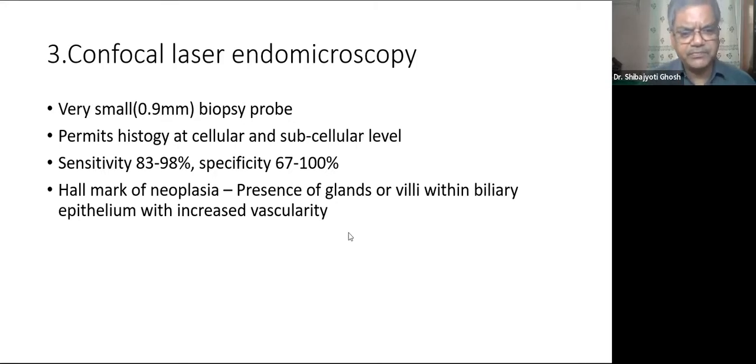However, the presence of vascularity and changes in glands and villi within the biliary epithelium are features of neoplasia in confocal laser endomicroscopy.